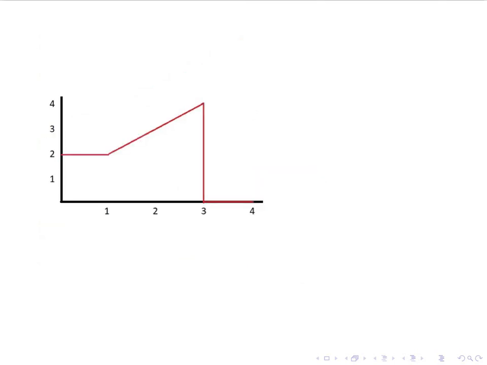So again, we have our velocity function, and we want to find position, so we are integrating. Just like with the acceleration, we're going to break it down from 0 to 1, 1 to 3, 3 to 4. So from 0 to 1, we're looking for the integral from 0 to t of our function, which is 2, so 2 dt.